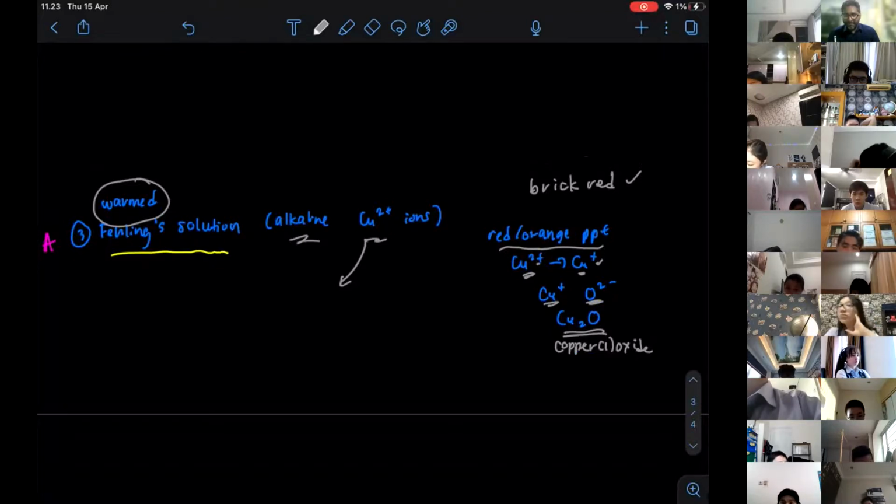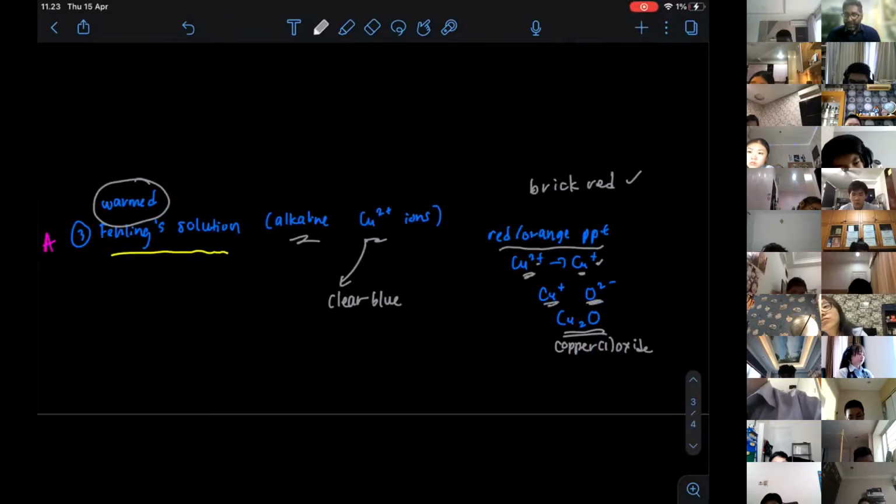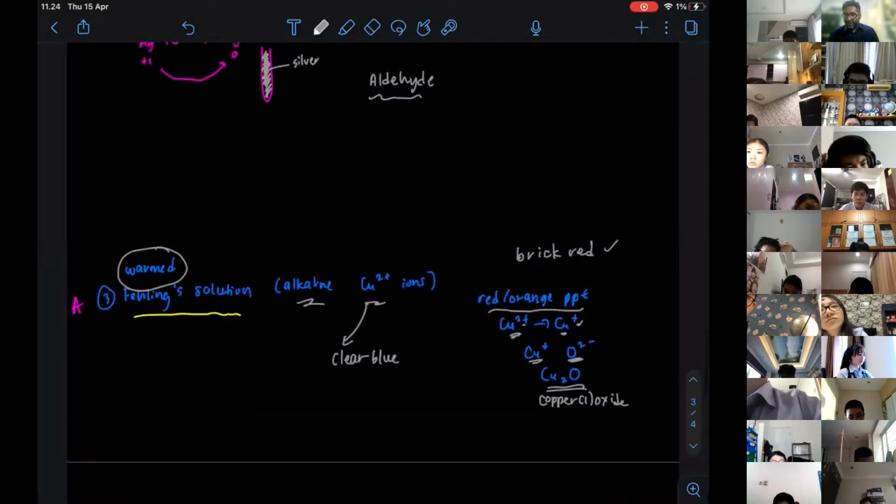Color blue, yes, good. Clear blue. So from clear blue, it is going to become brick red. The observation will be from clear blue to a red orange or brick red precipitate. That is the observation to identify aldehyde and ketone.